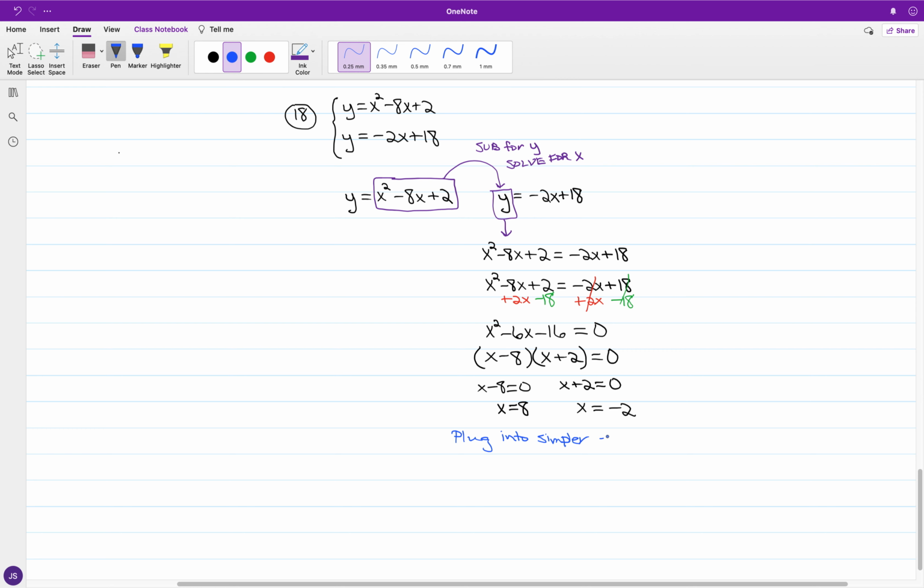Simpler or simplest equation. So between the two, okay, the simpler equation is going to be the linear equation. So we've got y is equal to negative 2x plus 18.